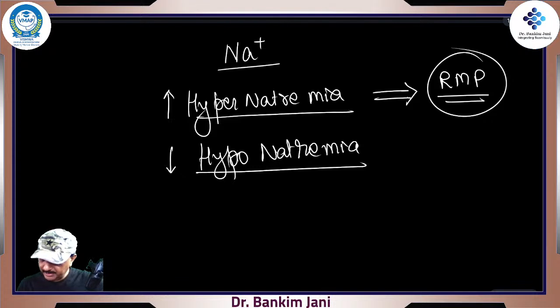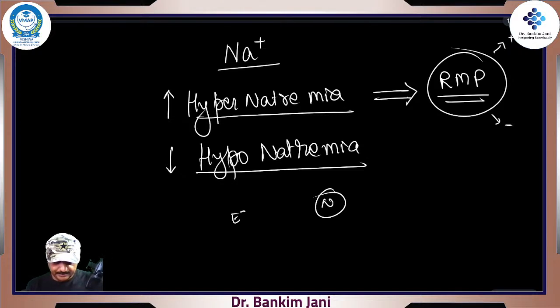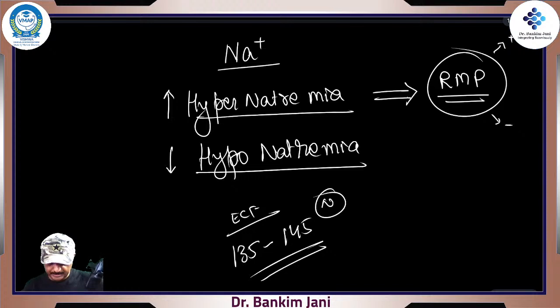Whether it would increase, it would go plus or it would go minus. Whether RMP would be raised or RMP would be dropped, when there is hypernatremia. Normally, the normal levels in the ECF, extracellular fluid, are in the range of about 135 to 145, and should be maintained very strictly.